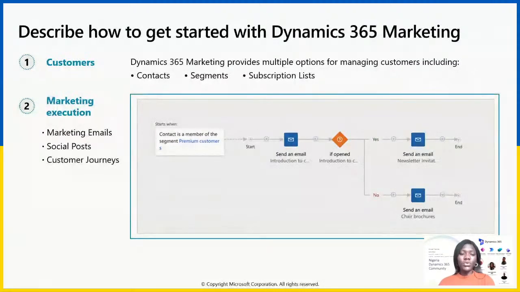And marketing emails are all of the emails we send out, like the campaigns to your subscription list or your segments. So that's how we would describe the marketing execution and who our customers are.